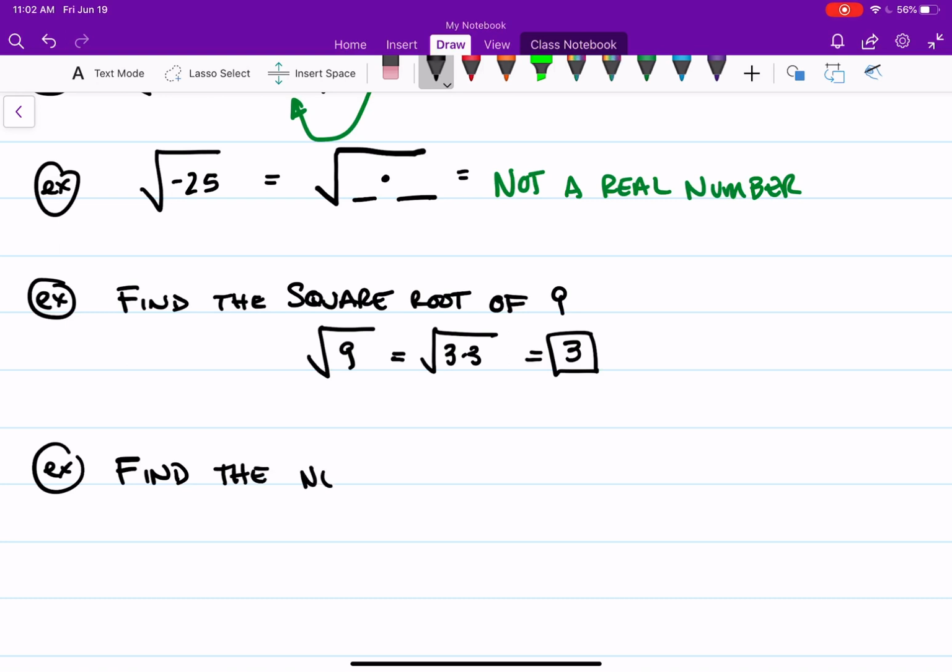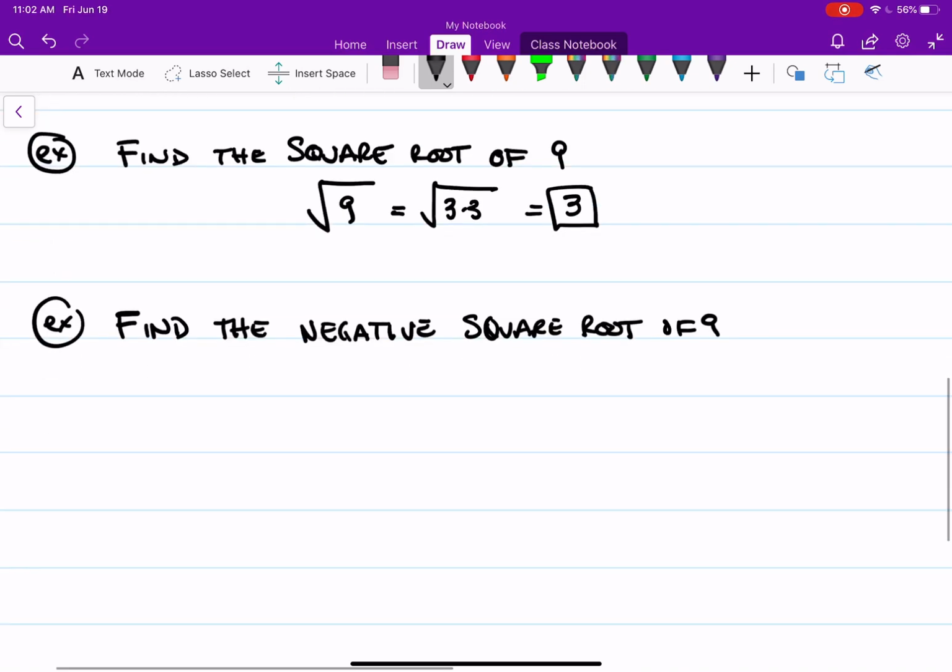They might also ask you, find the negative square root of 9. Notice how the square root is all together behind the negative.